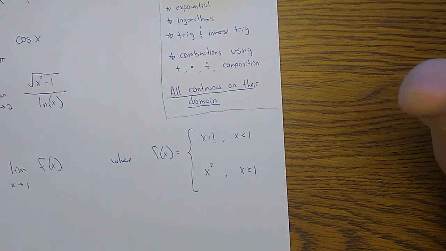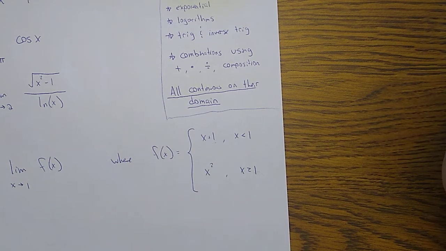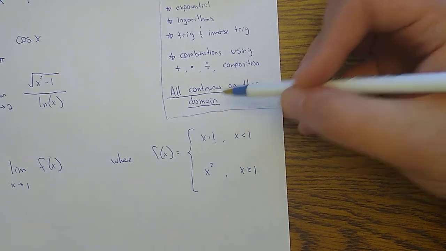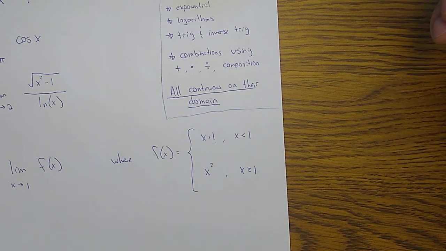And in the last couple of videos, I emphasized that that's not always the case. In general, just plugging in a doesn't tell you anything about the limit as x goes to a. But for elementary functions in their domains, it does.